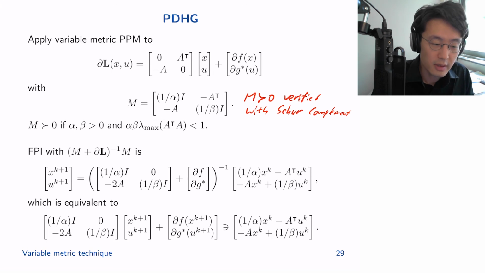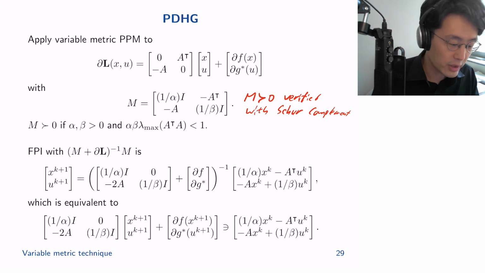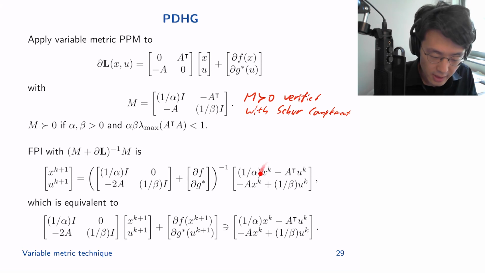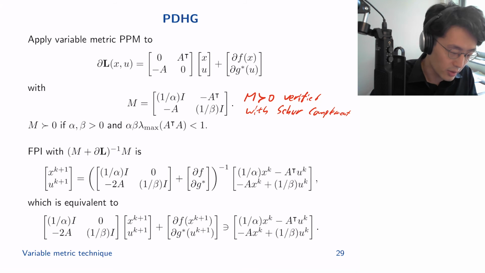So let's apply variable metric PPM and see what happens. The variable metric PPM is the fixed point iteration with this operator. So the fixed point iteration maps the iterates xk, uk into xk plus 1, uk plus 1.